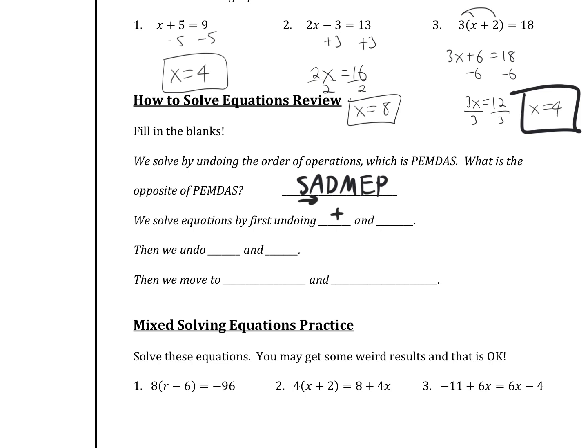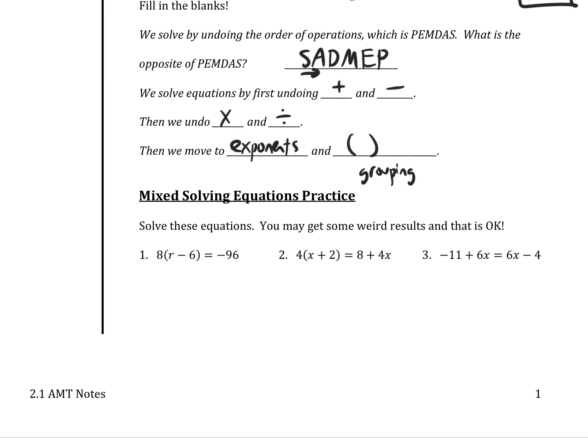We're going to get rid of addition, subtraction first. Then multiplication, division. And then we move to exponents and parentheses. And parentheses are actually like grouping symbols in general, okay? Let's put grouping, okay? All right, very cool.